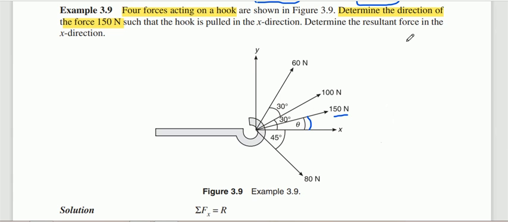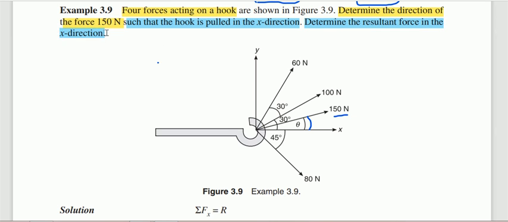They have also given the condition. What is the condition? The hook is pulled in x direction. The hook is pulled in x direction means you have to consider the resultant is acting along x direction. Determine the resultant force in x direction.